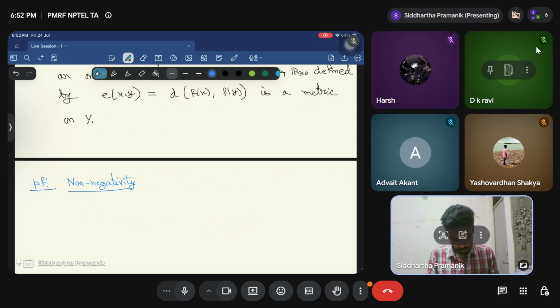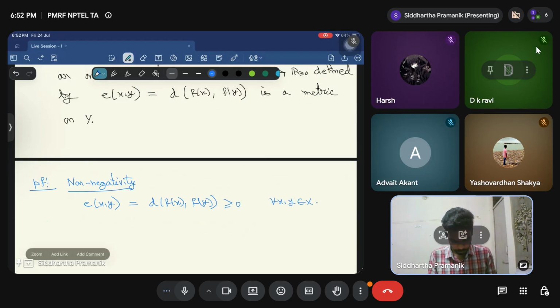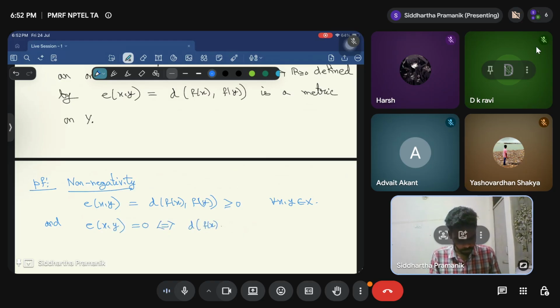So e of xy is defined as d of fx, fy, but d is a non-negative function, so this is non-negative for all x, y belonging to X. And e of xy is 0 is true if and only if d of fx, fy is 0.